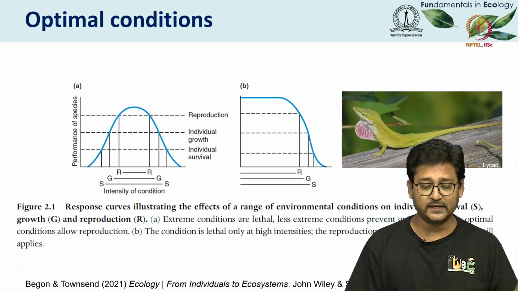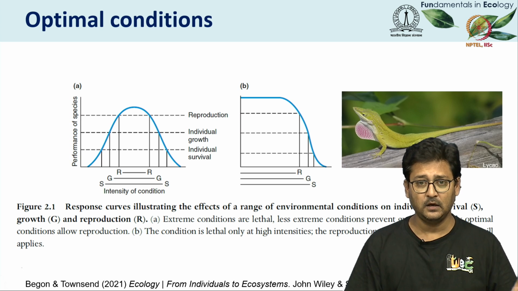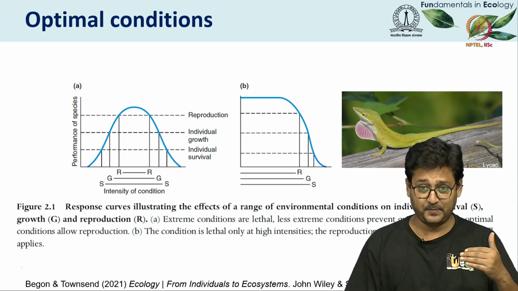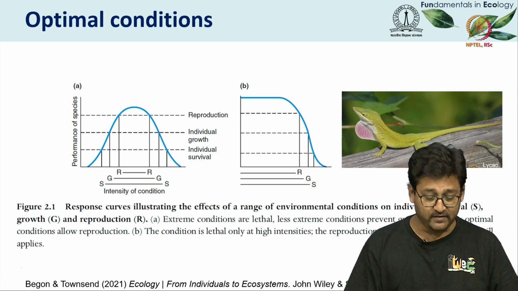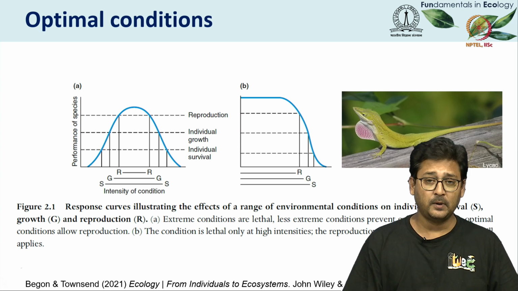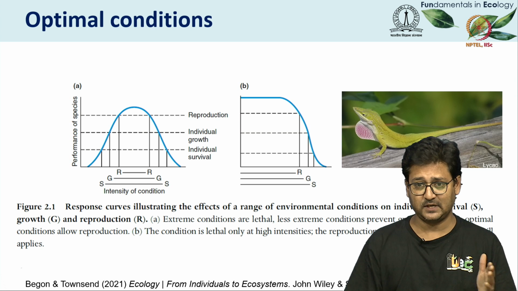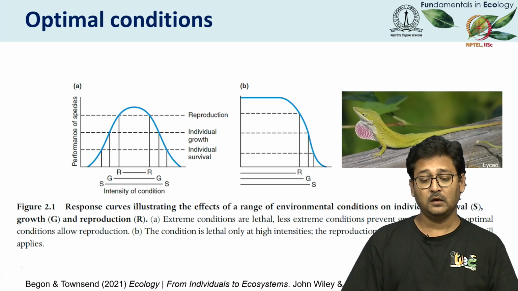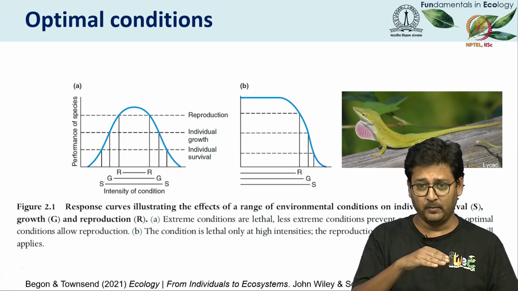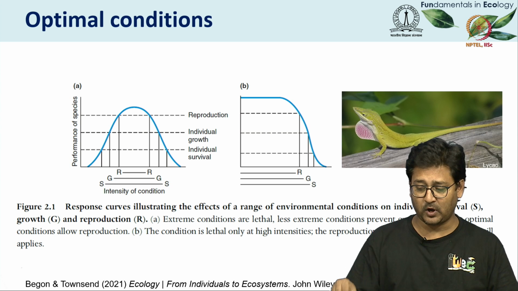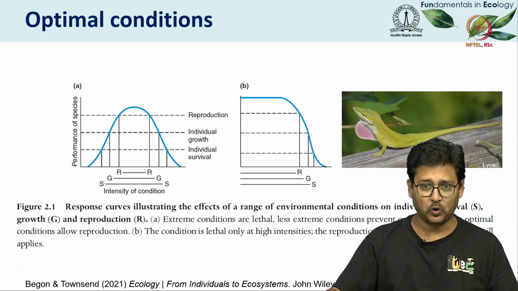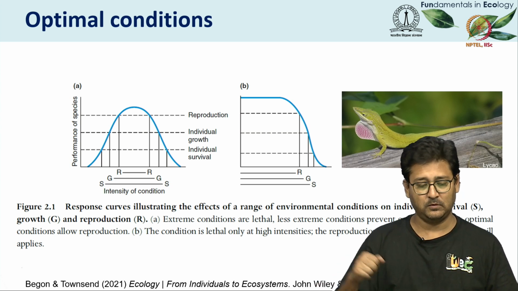So at low intensities of this environmental gradient, this species can survive, it can grow and reproduce. As the conditions become more and more extreme, as temperatures for example go higher, then at extreme temperatures the ability to grow, reproduce and survive comes down.